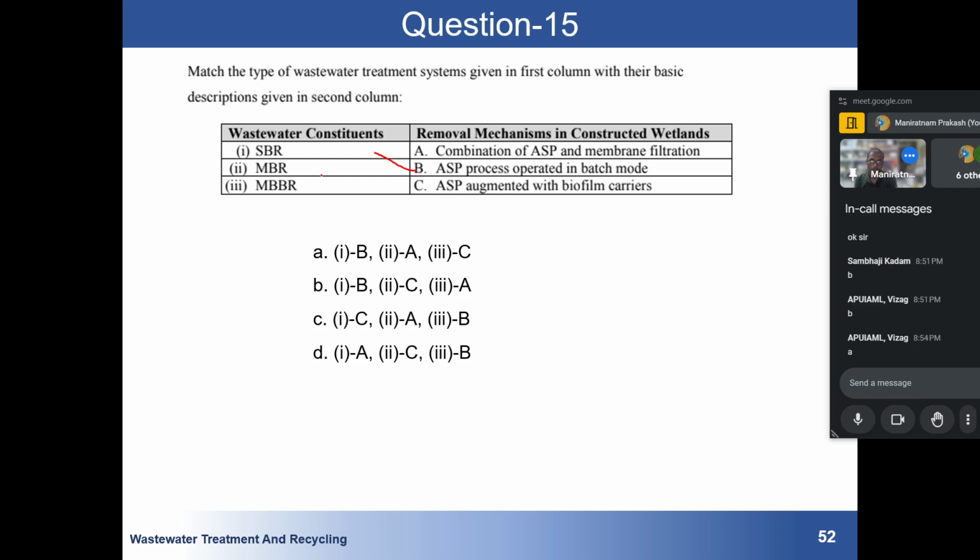We have got one answer. A. Sorry. Then we have this MBR. Again, we know that in MBR we are using some kind of membrane. Only one option is with membrane.